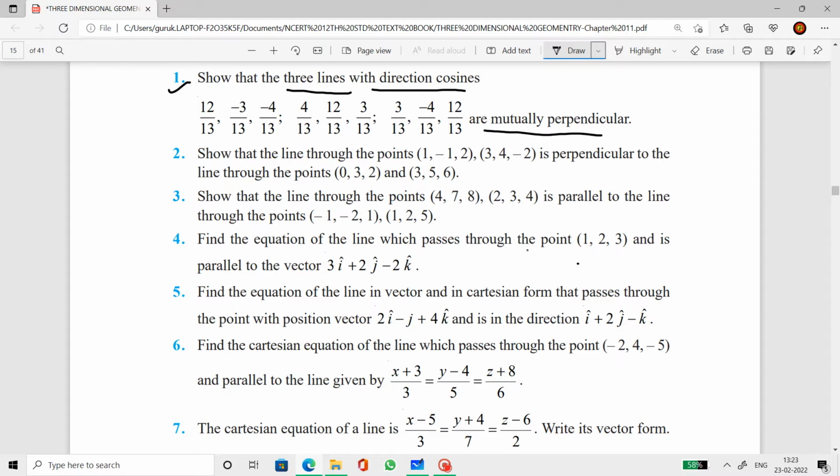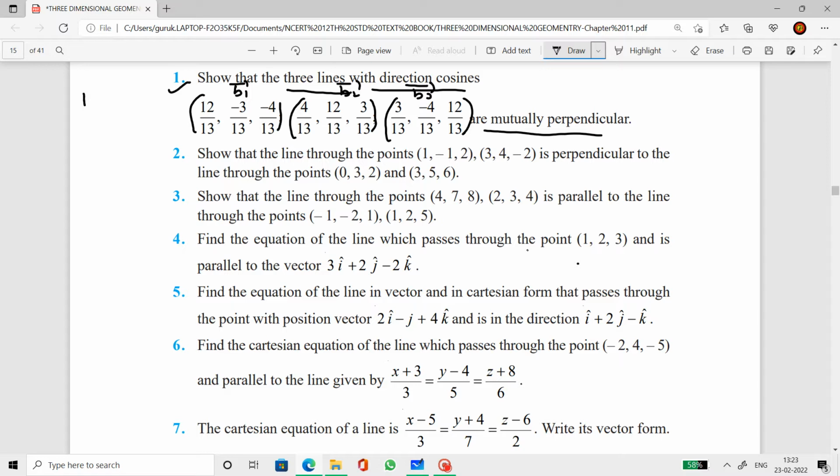So this is the direction cosine of line 1, this is the direction cosine of line 2, and this is the direction cosine of line 3. If the lines are perpendicular, what happens? The dot product of the direction vectors is 0. So consider this as B1, consider this as B2, consider this as B3, or A, B, C as you want.